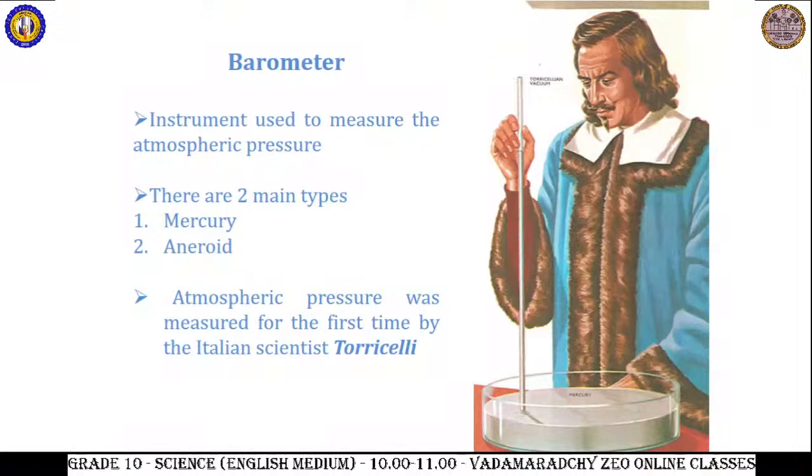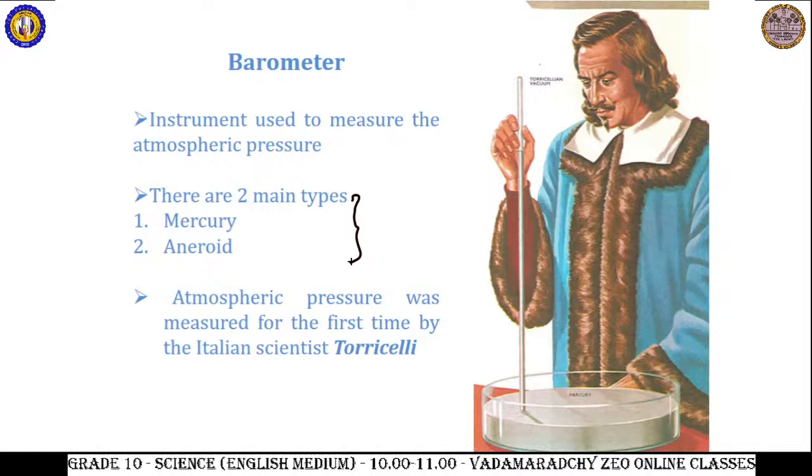Now we move to the barometer. Actually, a barometer is an instrument that is used to measure the atmospheric pressure. There are two types of barometers used mostly. The first one is the mercury barometer.